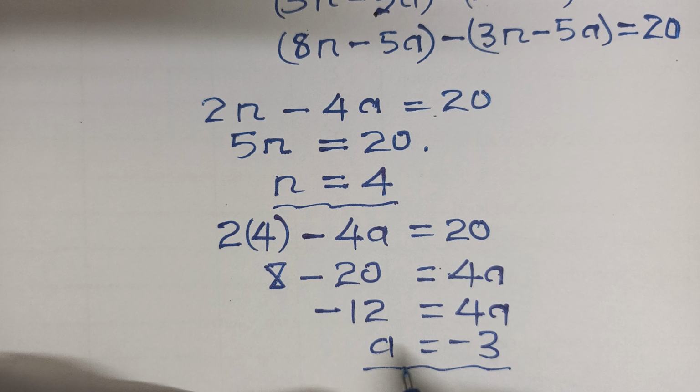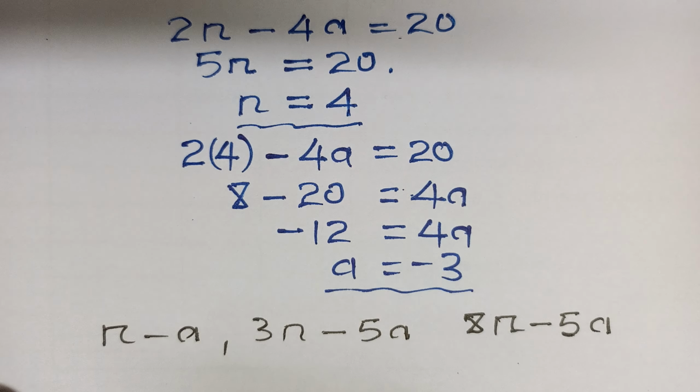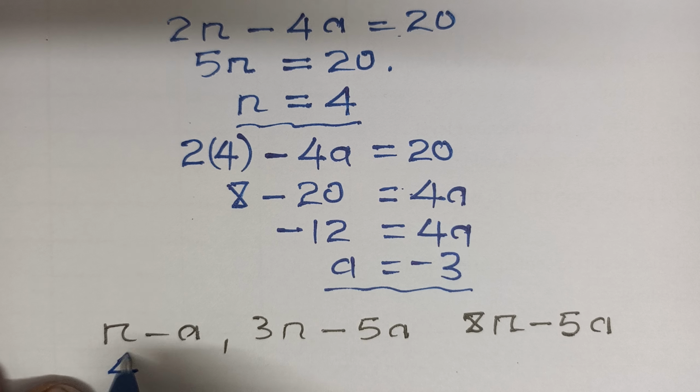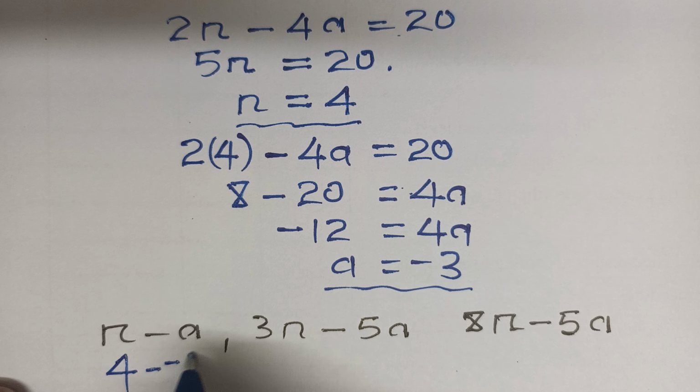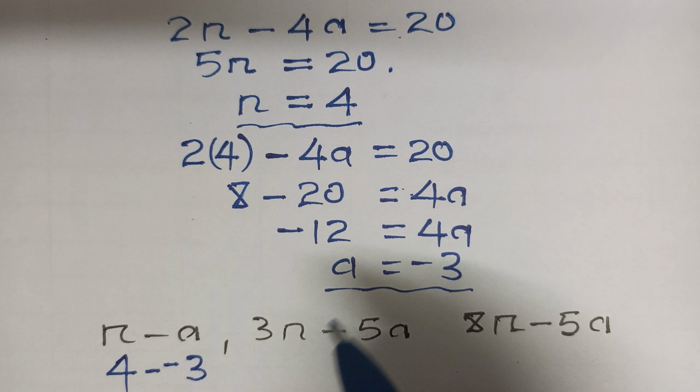And remember, this is not our first term. Our first term is n minus a, which comes to 4 minus minus 3, which gives us 7. Coming to the second term, we do not even need it, but let me just check.